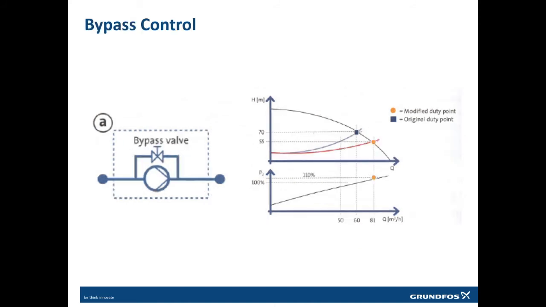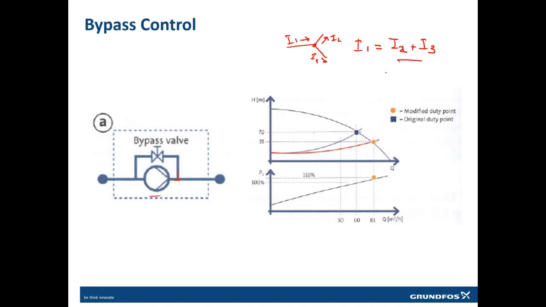The second way is installing a bypass valve. Now what will a bypass valve do? With a bypass valve, you will have a pump and you will have a T here. Now there is a law of the T. It is actually Kirchhoff's law, which says that at any given point, if the current I1 is coming into this point, and I2 and I3 are going out, then I1 will always be the sum of I2 plus I3.